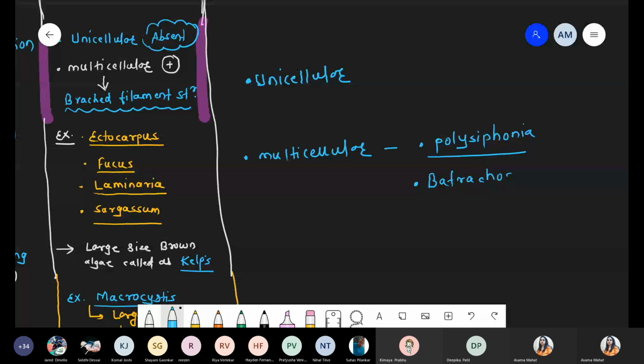And the third example we are talking about is very unique because these are parasitic. See, whenever we are talking about algae, they can synthesize their own food because these are photoautotrophs. But with respect to red algae, we are taking one exception case. An example, Harveyella.